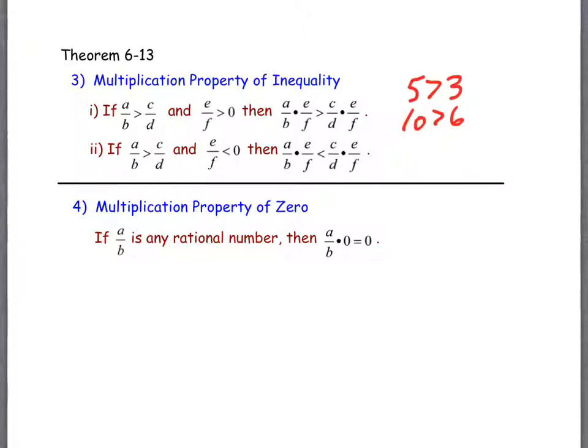That's all that's saying. Now, the second line says something quite different, though. The difference actually comes into play where it says I'm multiplying it by negative. So again, if I took that 5 greater than 3, and I multiplied both sides by -2, so I had -10 and -6, that greater than sign would turn into a less than sign.